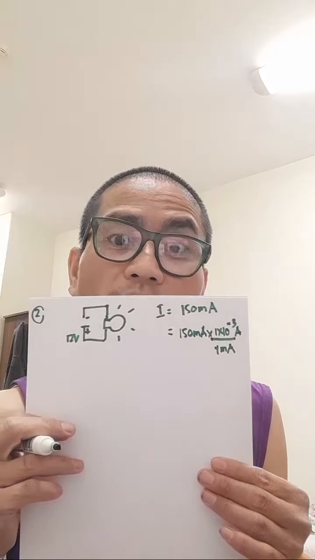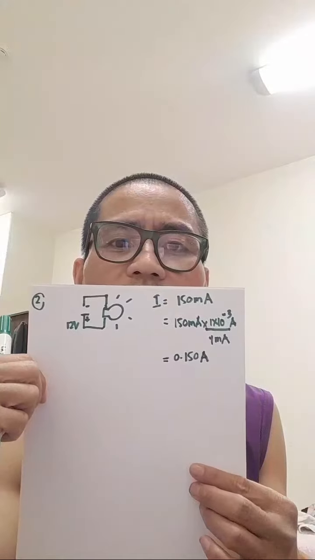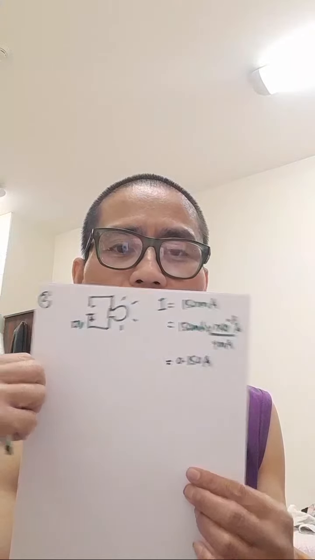Then perform the basic mathematics only. Even without a calculator, you can solve this immediately by moving the decimal to the left because that is a negative exponent. So this becomes 0.150 ampere. Just put capital A, meaning ampere. We have now the current.